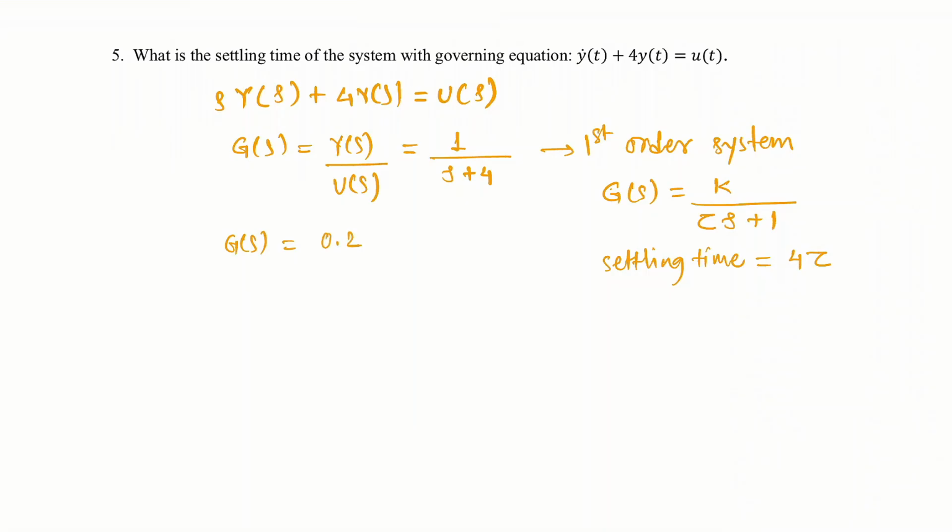You'll have 0.25 over 0.25 into s plus 1. So the settling time would be 4 into 0.25, that is 1. Let's assume that the units are in seconds.